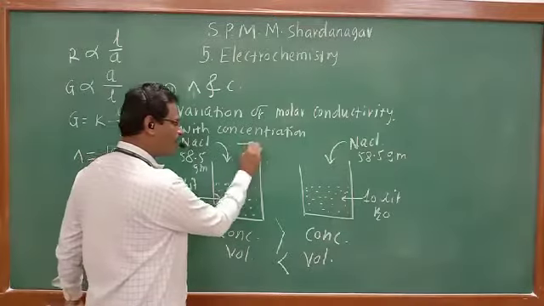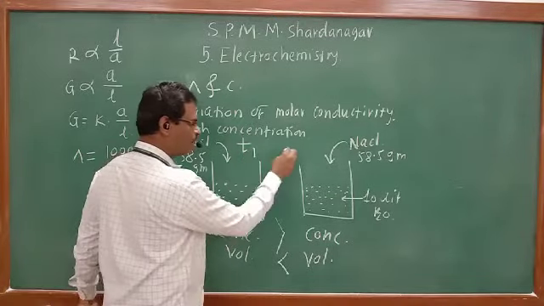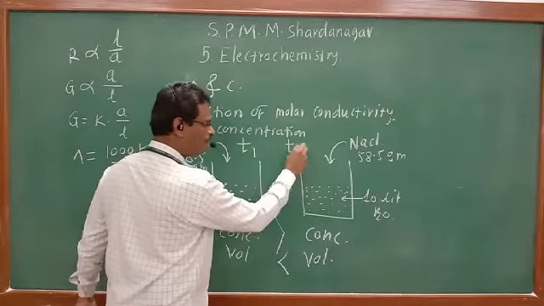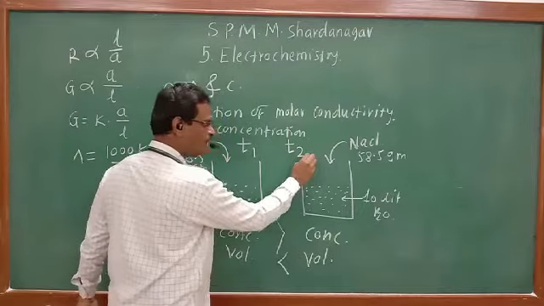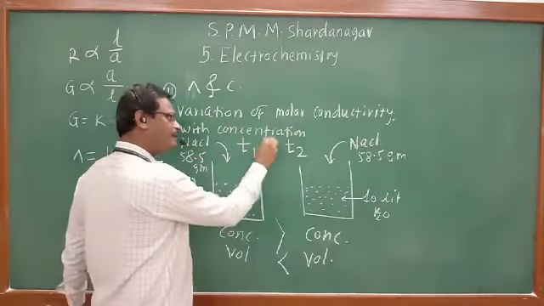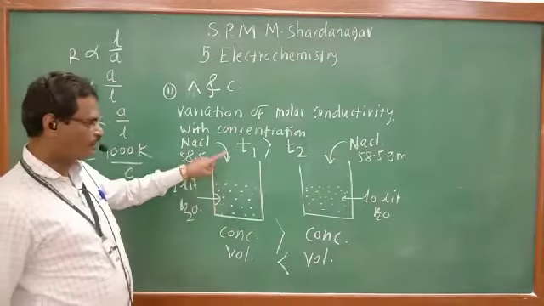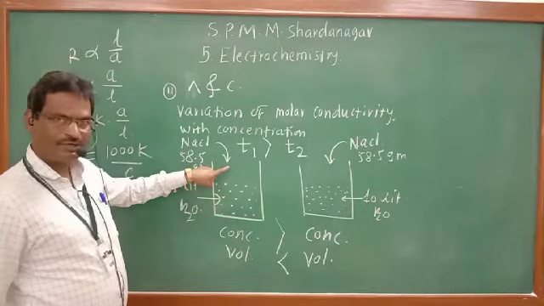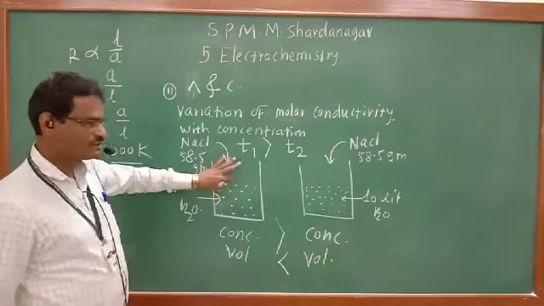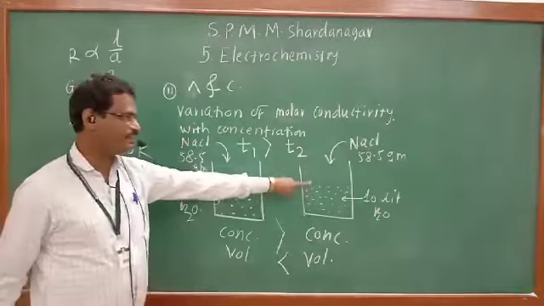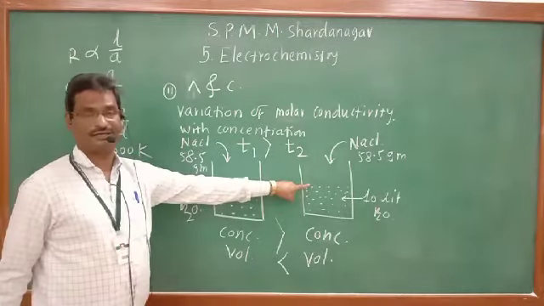Here time of dissociation suppose T1, and time of dissociation suppose T2. T1 is greater than T2. Time of dissolution or time of dissociation in the first case is greater than the time of dissociation for the second case.